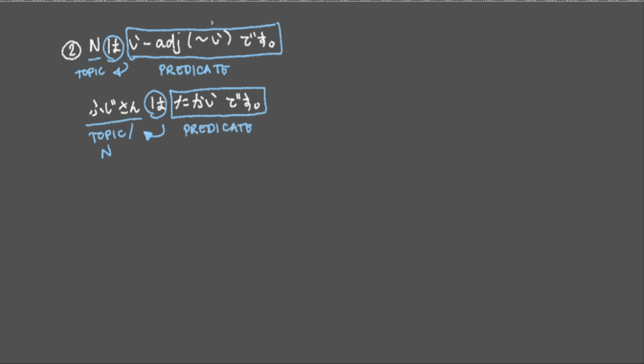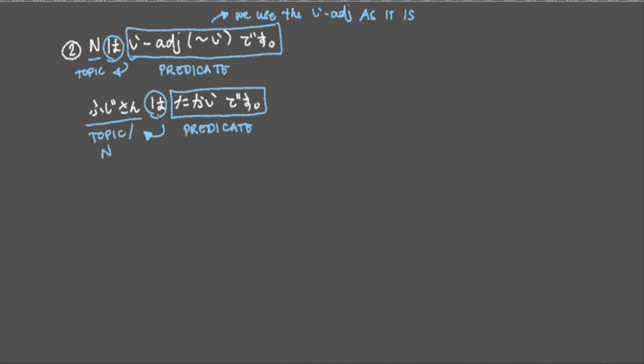Now this part, i, just means that we use the i adjective as it is, without change. So takai on its own. After that we have desu.